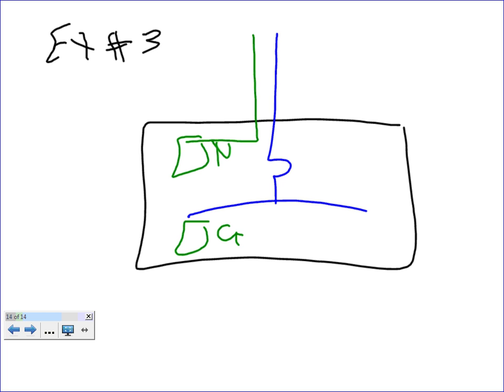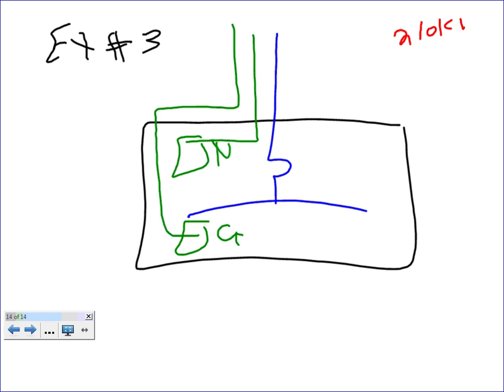Here's my ground and here's my neutral. I don't have a bonding jumper. Let's just do some realistic number here.